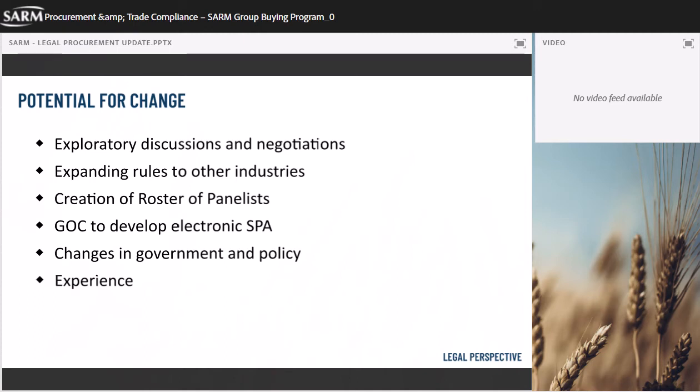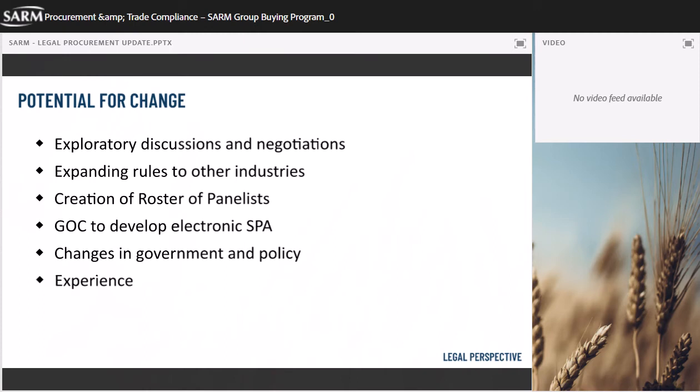What we're hearing right now is that your local portals will remain, and that there's going to be an ability to port tender notices that hit the increased threshold under CETA to go within this single point of access.